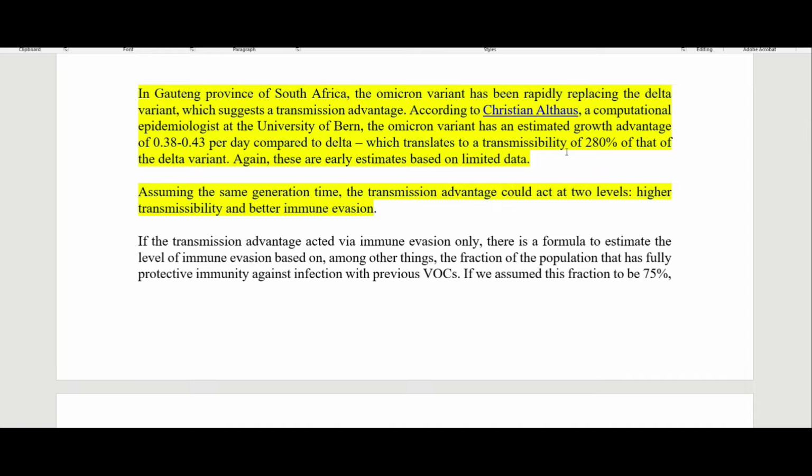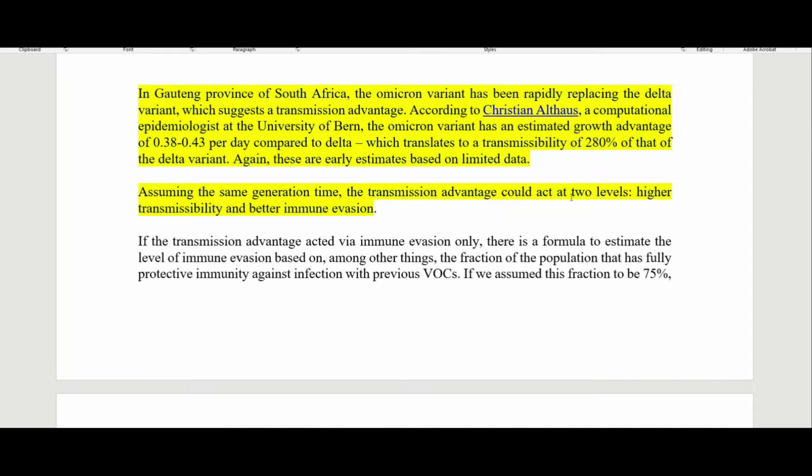So this is saying that the transmissibility is 280% greater than that of the Delta variant, which is the sort of most popular one right now. But it's saying that these estimates are based on limited data, so that could be inaccurate.